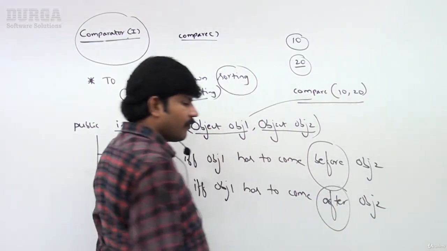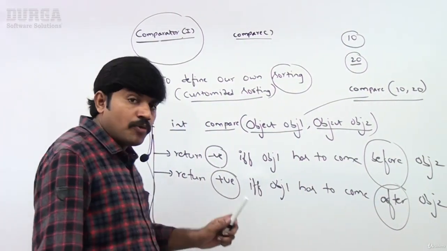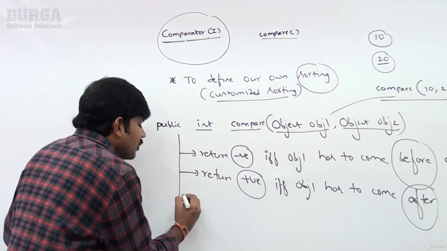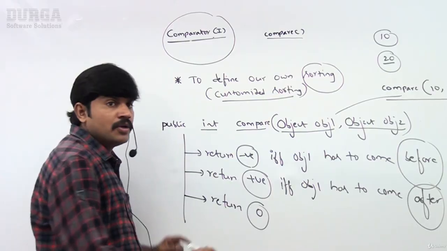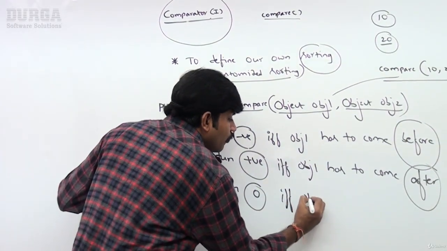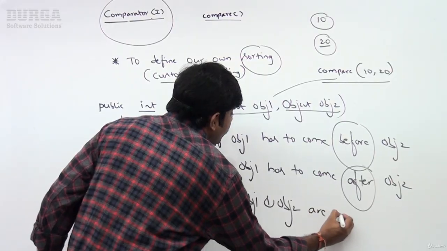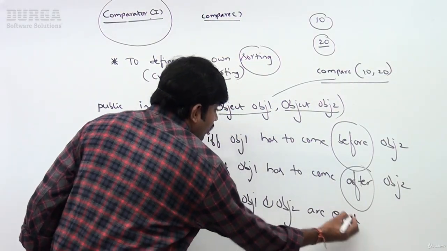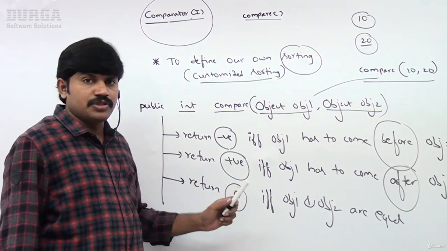Observe that very carefully. And return 0 if obj1 and obj2 are equal.